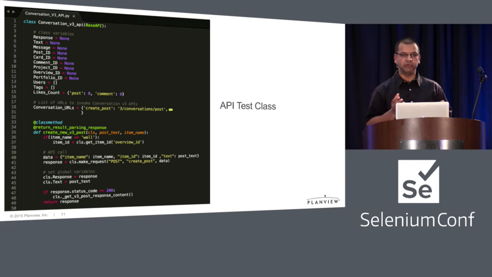So if we have a particular version of an API feature, we will try to implement the different features or test requirements for that API in an API test class. So all the API URLs part of the particular feature are added here. And then there are different test methods which contain the execution logic and validations on the response.